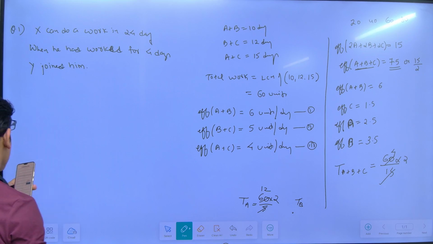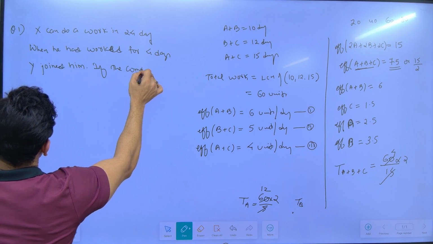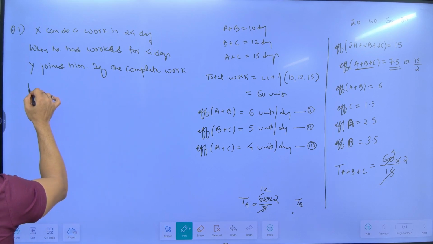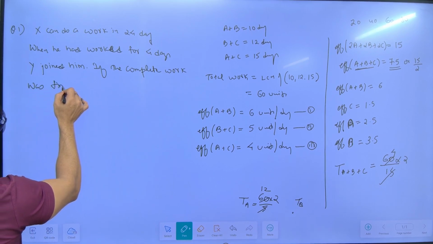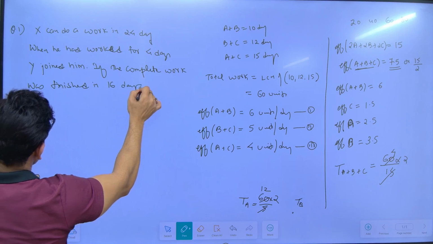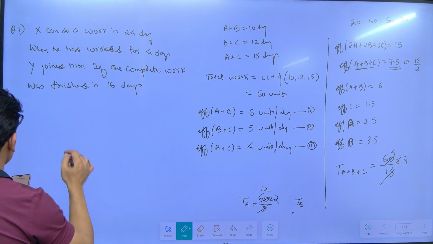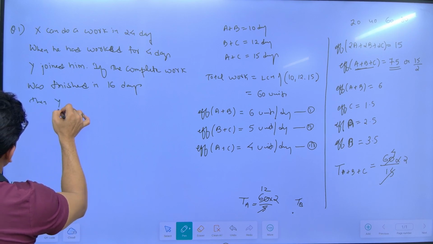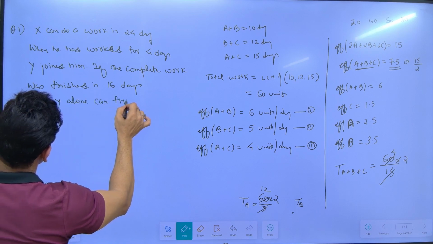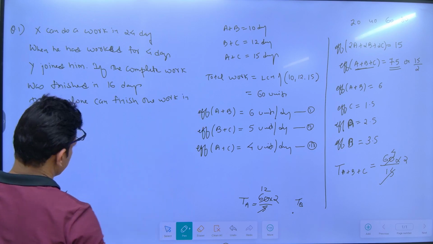If the complete work was finished in 16 days, then Y alone can finish the work in how many days?